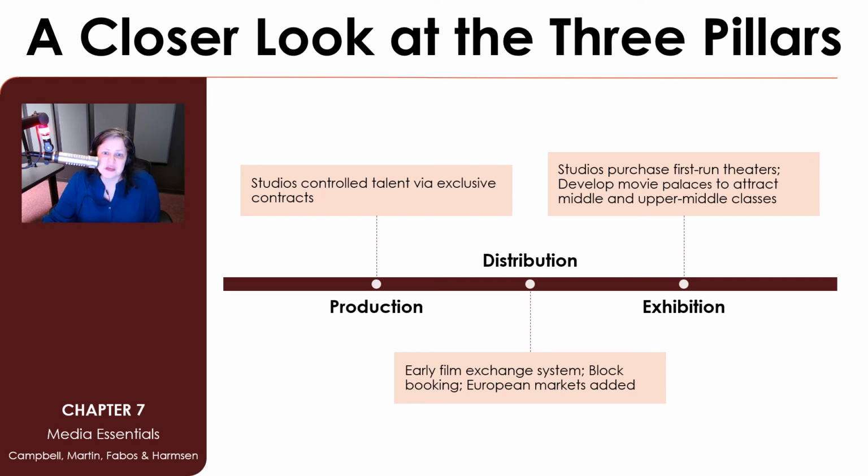Major studios concentrated their purchase on first-run theaters that premiered new films in major downtown areas and generated between 85 and 95% of all film revenue. To attract middle and upper middle class moviegoers, the studios built movie palaces, full-time, single-screen theaters to provide a more enjoyable and comfortable movie viewing environment.